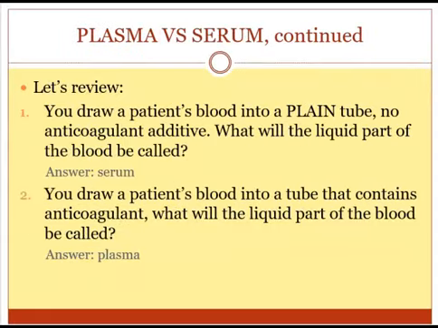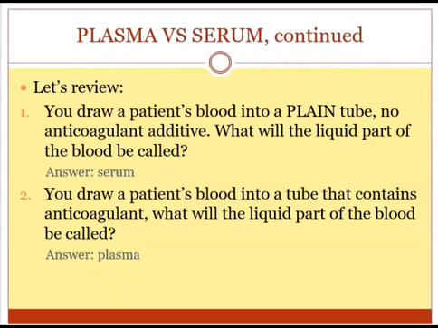Okay, just to make sure that we're good and clear on the difference between plasma and serum, let's ask ourselves a couple of questions. Number one, if you draw a patient's blood into a plain tube, there's no anticoagulant additive, what will the liquid portion of the blood be? That would be your serum because you have no additive, so the blood is allowed to clot.